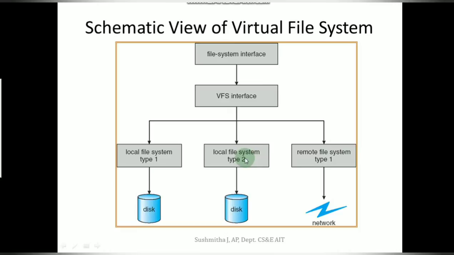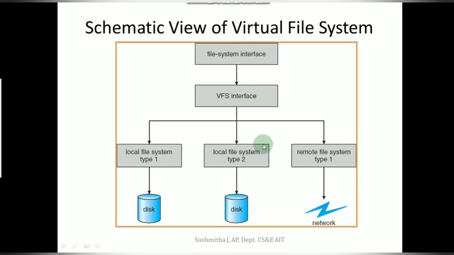The virtual file system distinguishes the local file from the remote file, and the local files are further distinguished by their file system type. If there is a system that follows multiple file systems, the virtual file system also helps us to distinguish the file based on its file system.